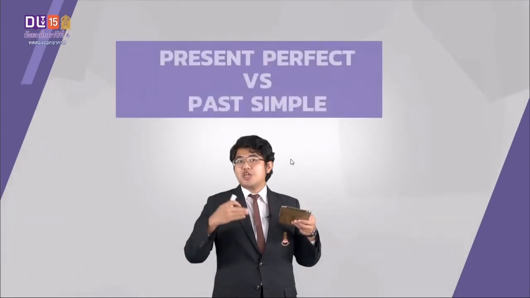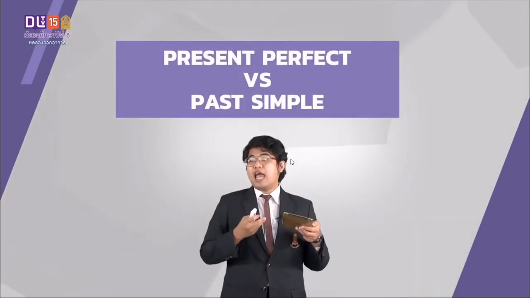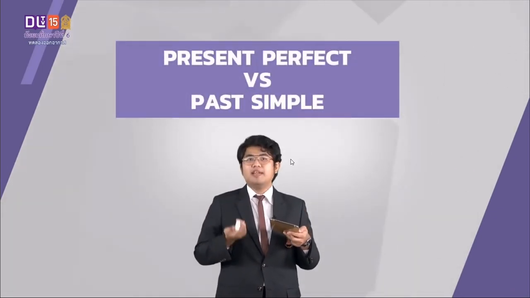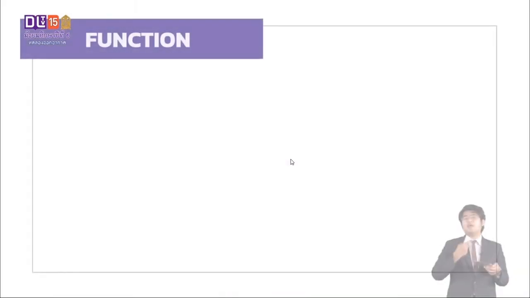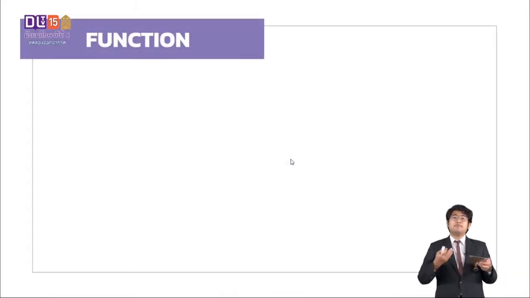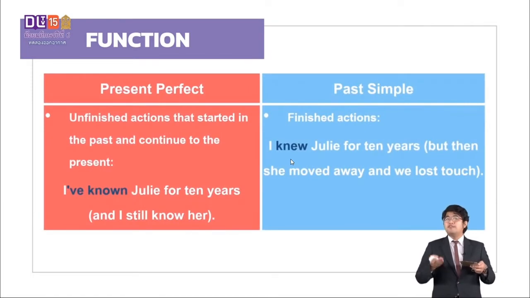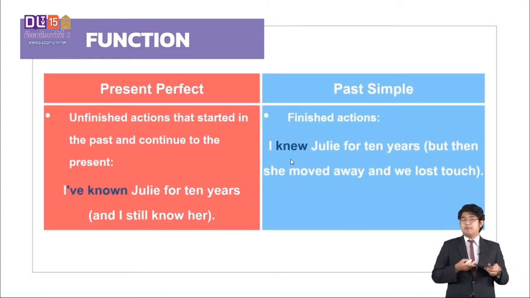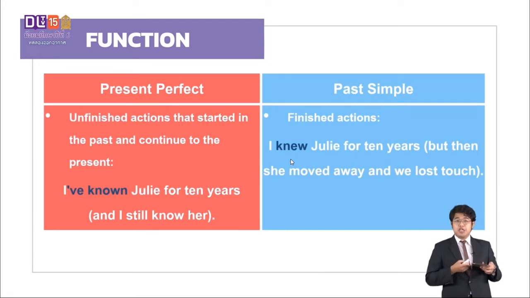Next, we will compare the function of present perfect and past simple. Let's learn together. Please look at this table between present perfect and past simple. Present perfect is used to talk about an unfinished action that started in the past and continued to the present. Please look at the example. I've known Julie for 10 years.